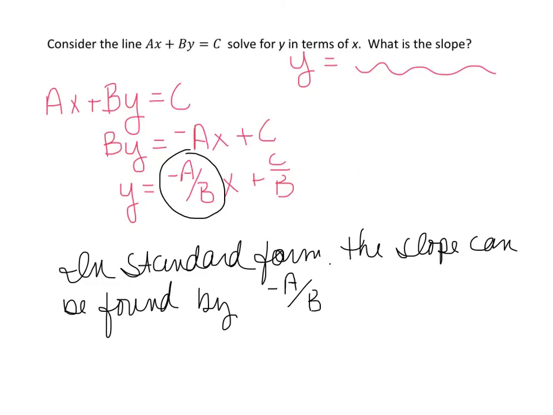That means coefficient on x divided by coefficient on y, and you have to take the opposite of it. So if it's positive, turn it negative. If it's negative, turn it positive.